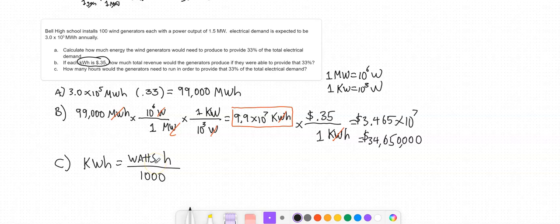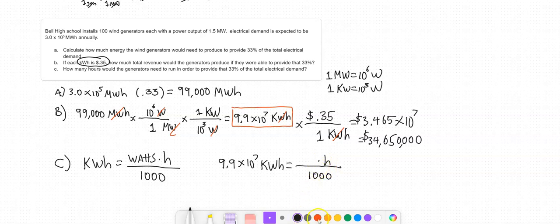All right, so let's see what we have here. I can fill this in with what I have. I know that I have 9.9 times 10 to the 7th kilowatt hours. We already did that. So it's going to be 9.9 times 10 to the 7th kilowatt hours equal to my total watts, which I don't know yet, times hours divided by 1,000.